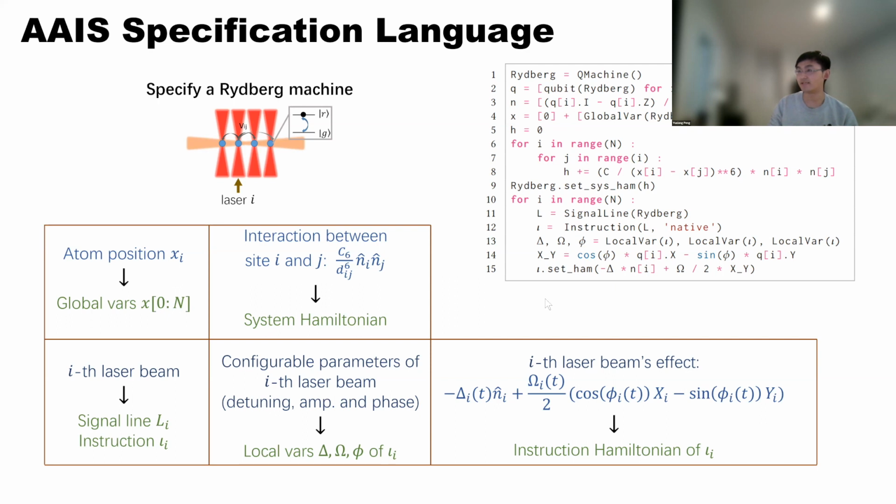In this way, we basically specify a Rydberg machine which exposes the minimal amount of information we need to use in the compilation about all the laser beams and the atoms, in an abstract way, modeled in signal lines and instructions.